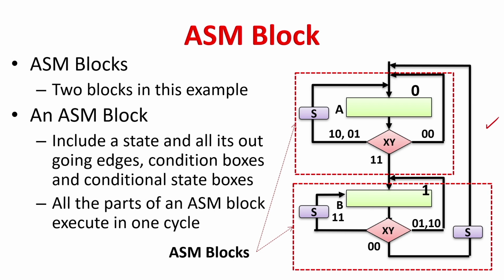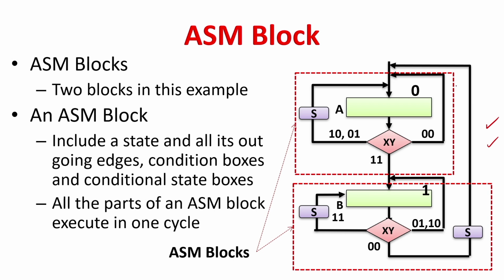This is for serial addition, the same case study example we have taken. Suppose this is the ASM of the problem, then what is an ASM block? An ASM block includes a state and all its outgoing edges, condition boxes and conditional state boxes.